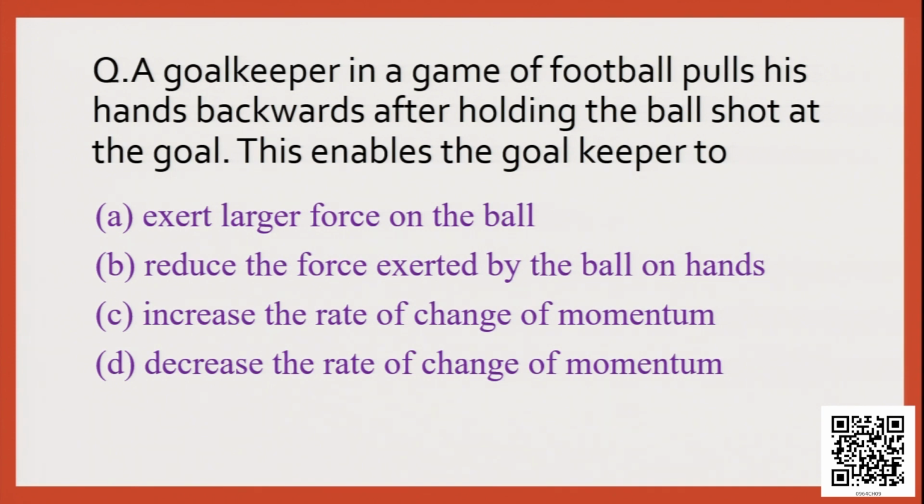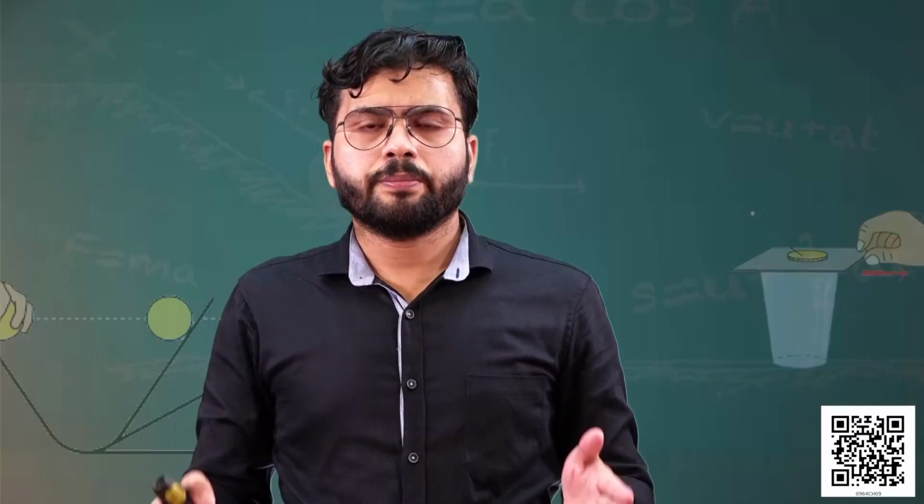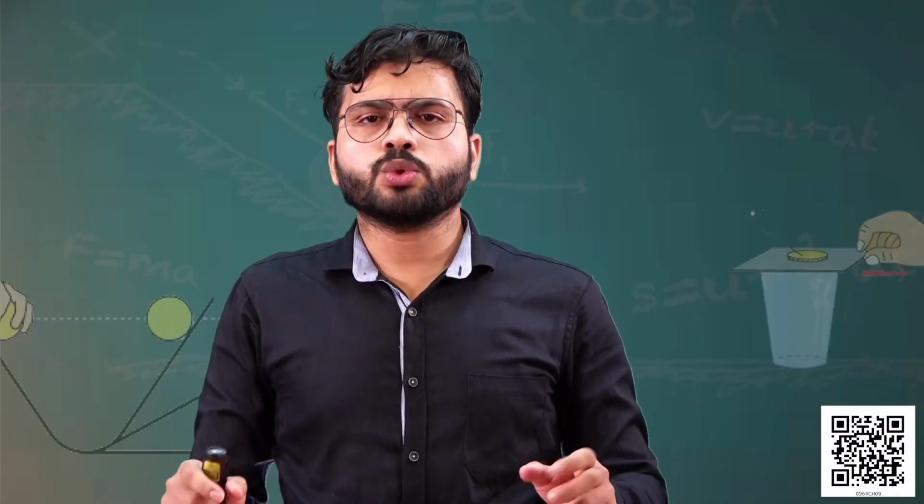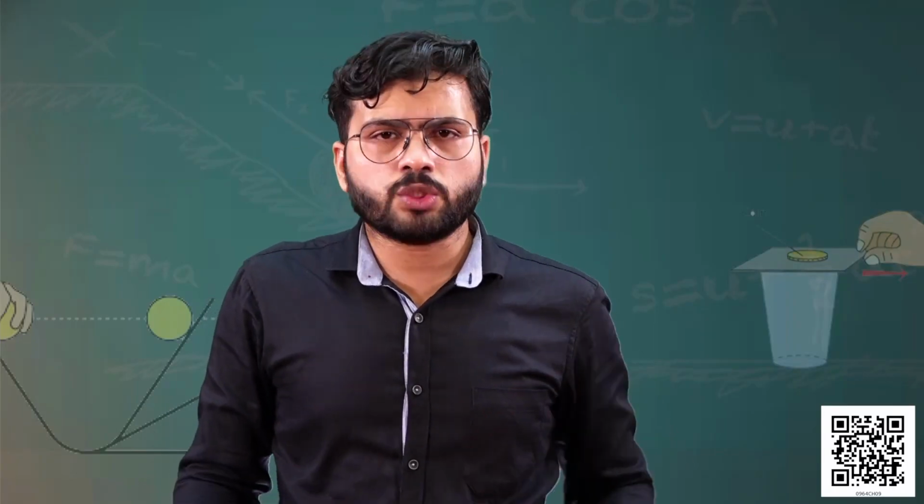Similarly, if an athlete is doing a high jump, during the high jump, the athlete is allowed to fall on a bed of sand or a cushion. Why is it so?